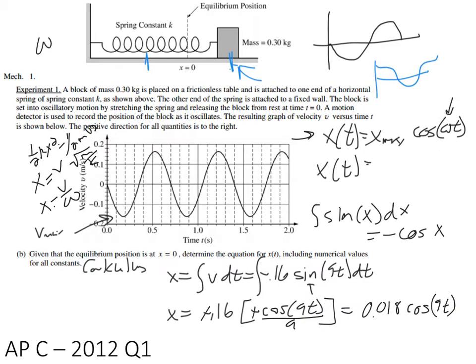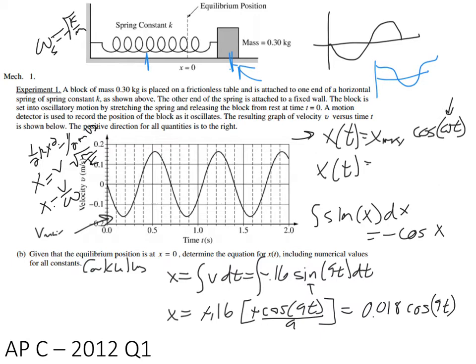Because if you remember, on the reference table, the omega for a spring is root k over m, so root m over k is just 1 over this. If you just did the maximum velocity divided by the angular frequency that we got before, you would have gotten 0.018. So you didn't have to actually do the calculus, and that was probably the quickest way.